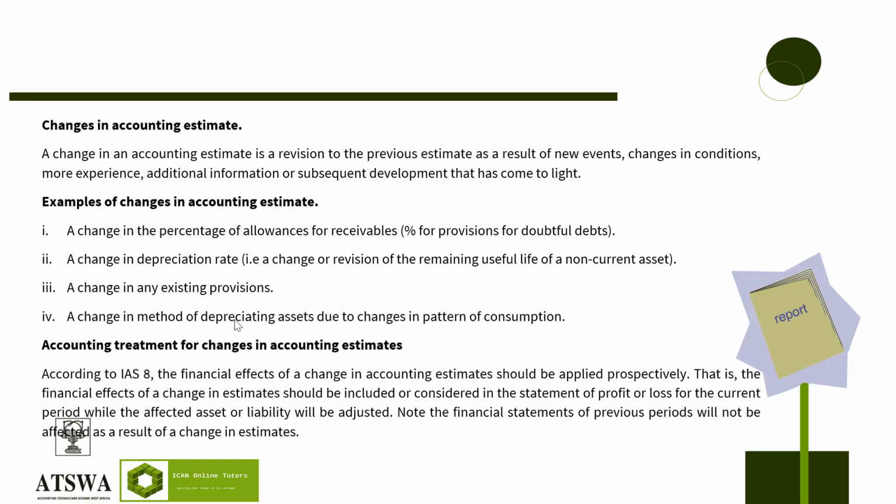How do we treat changes in accounting estimate according to IAS 8? Don't forget, accounting policy is corrected retrospectively, while an accounting estimate is corrected prospectively. That is, you apply it from now going forward. According to IAS 8, the financial effect of a change in accounting estimate should be applied prospectively.